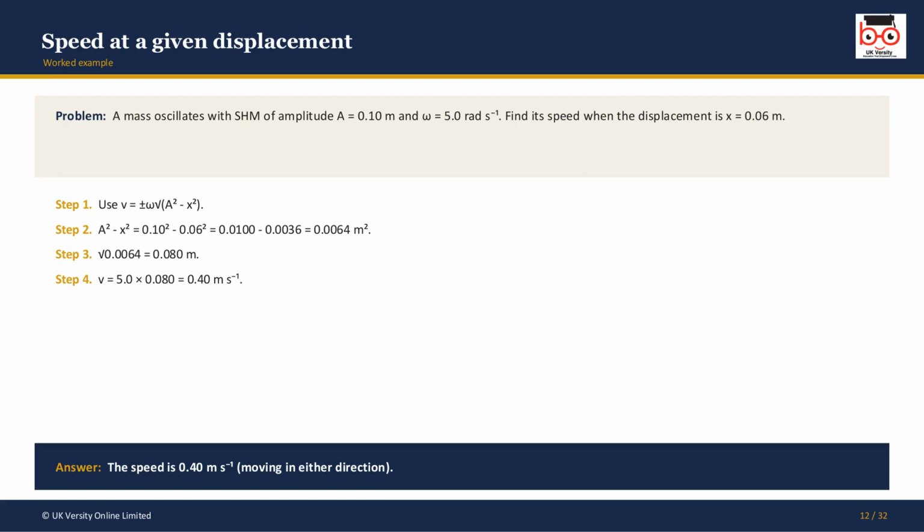The amplitude squared minus the displacement squared is 0.10 squared minus 0.06 squared, which is 0.0100 minus 0.0036, giving 0.0064 square meters. The square root of that is 0.080 meters, so the speed is 5.0 times 0.080, which is 0.40 meters per second, and it could be moving either way.